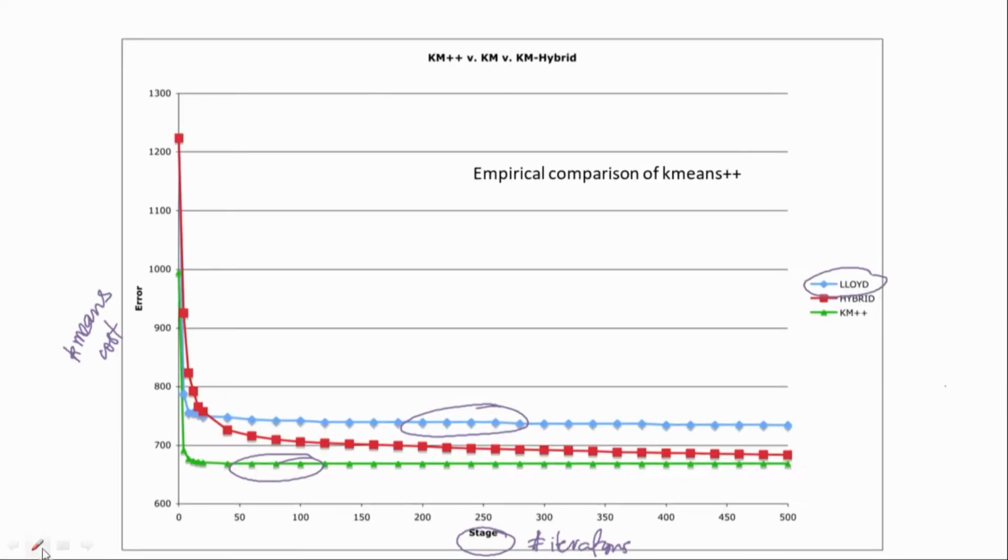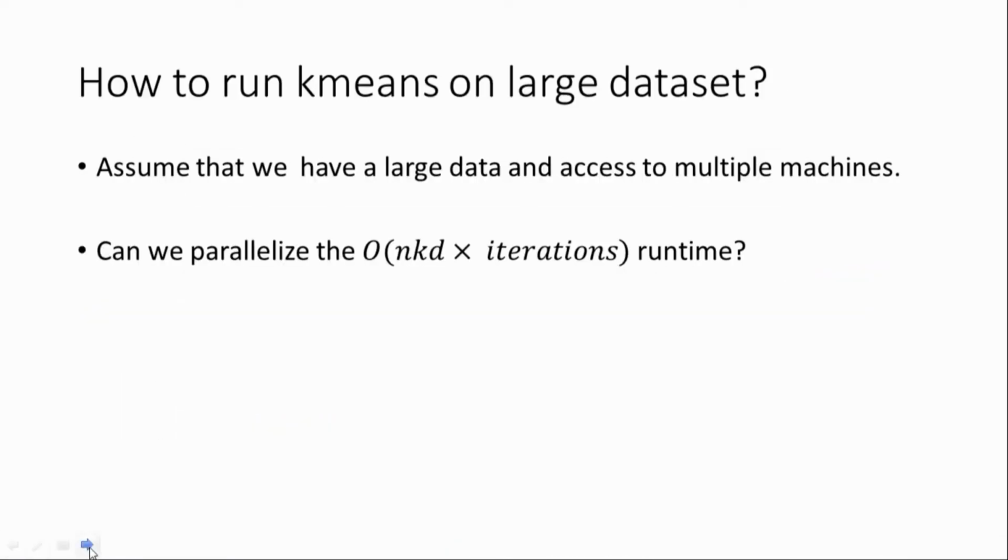Okay, so all this is nice, but now look at this. What do we have? We have NKD times the number of iterations, okay? You are all budding data scientists, so you're not going to work with small n and small d, right?